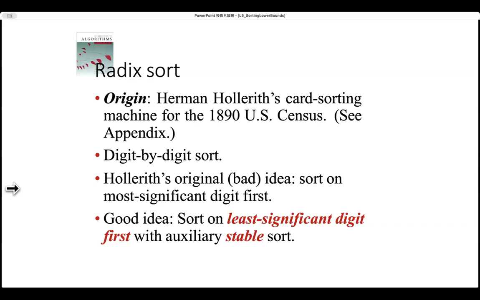because every time you are sorting one digit, let's use decimal numbers as an example. Each digit only has 10 possibilities, from 0 to 9. So in other words, your K is small.